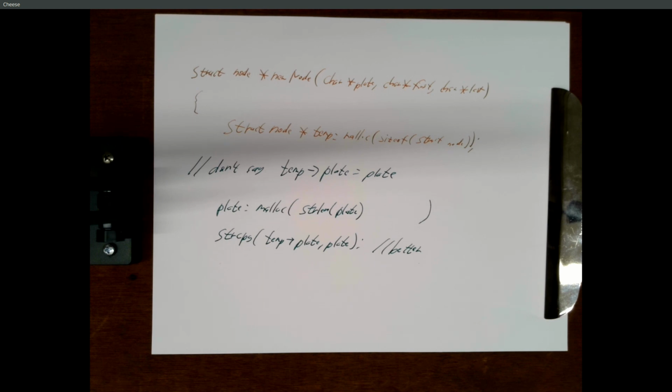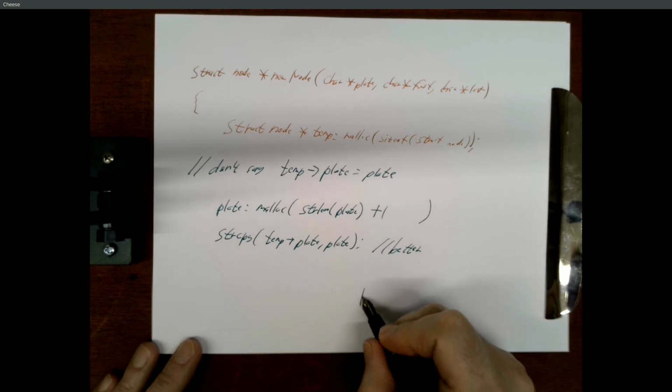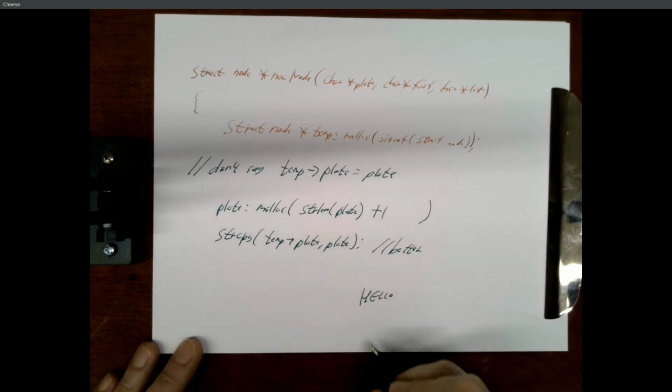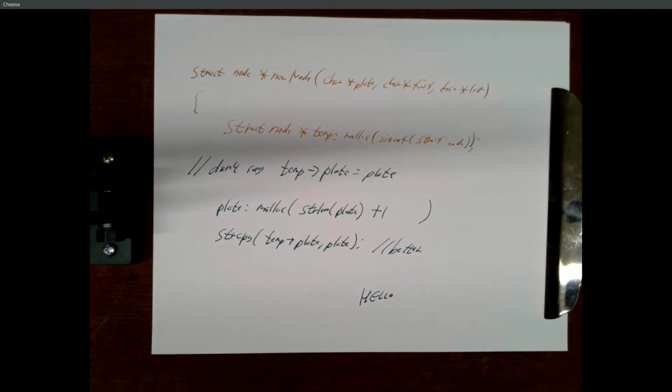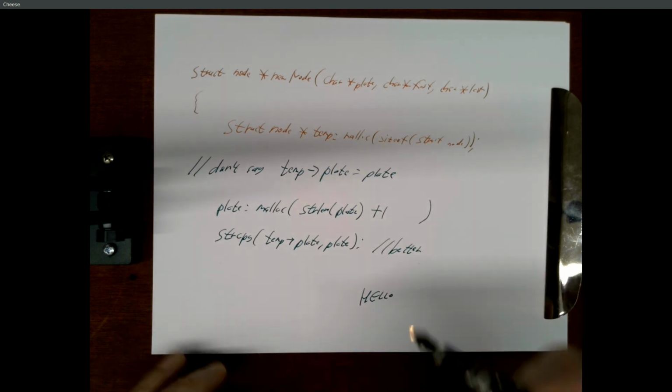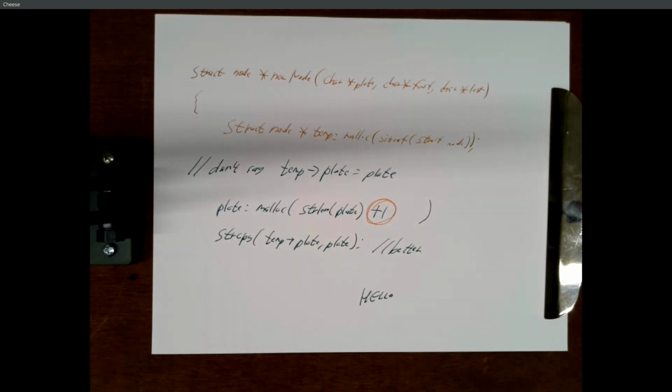We got to do one other thing. This is plus 1. Why? Because of the null terminator. If your string is HELLO, string length is 5, you actually need 6 bytes to store that string if you want to include the null terminator. And if you don't do that plus 1, oh boy, all kinds of things happen.